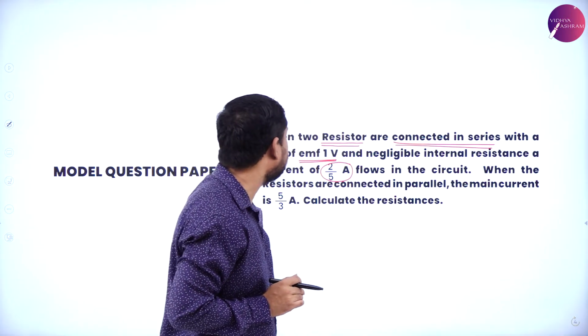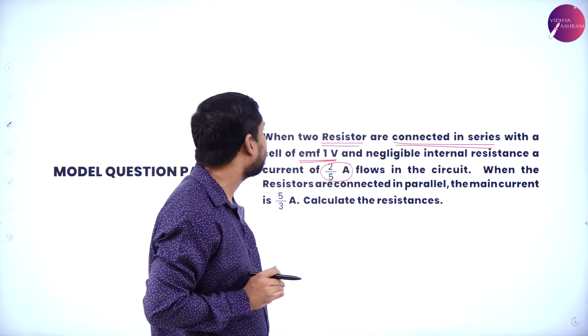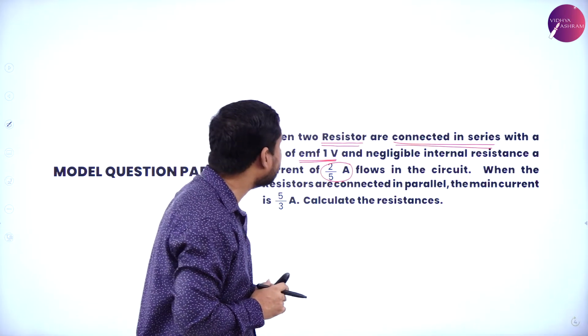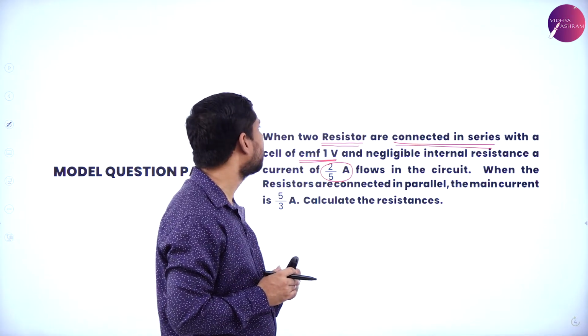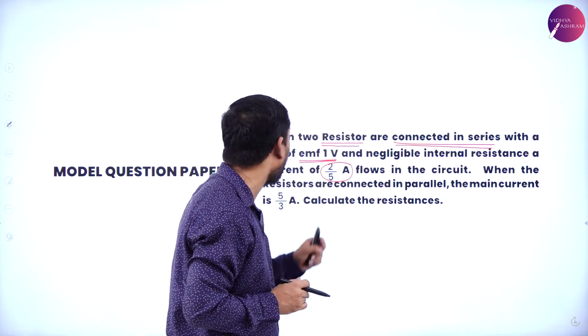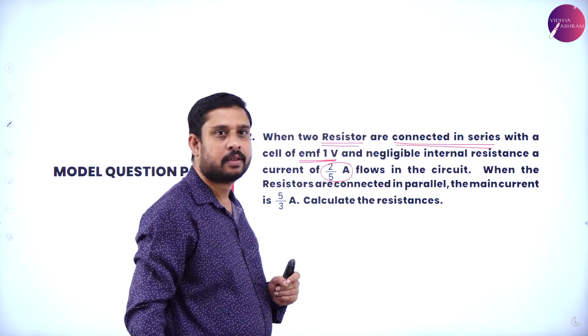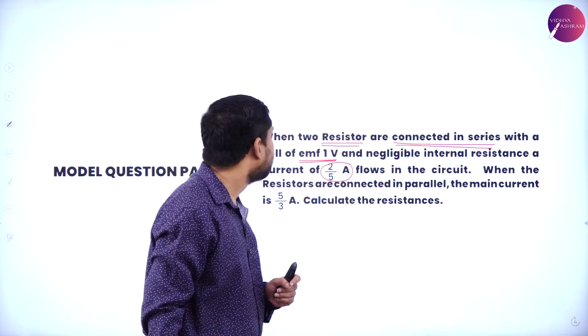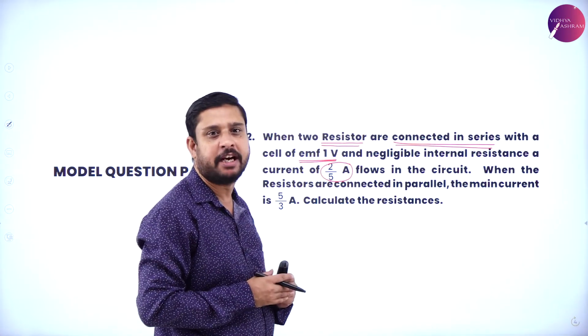Two resistors are connected in series with a cell of EMF 1 volt, and the current flowing is 2 by 5 ampere.